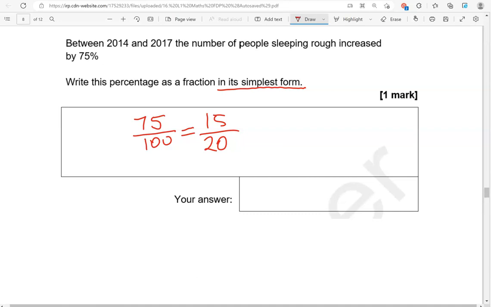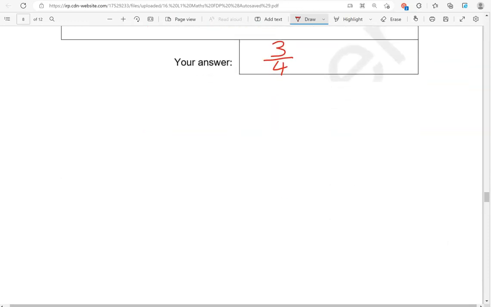Again, numbers end in 5 or 0, so we can divide by 5 again. 15 divided by 5 gives us 3. 20 divided by 5 gives us 4. So 3/4 is the simplest form of the fraction.